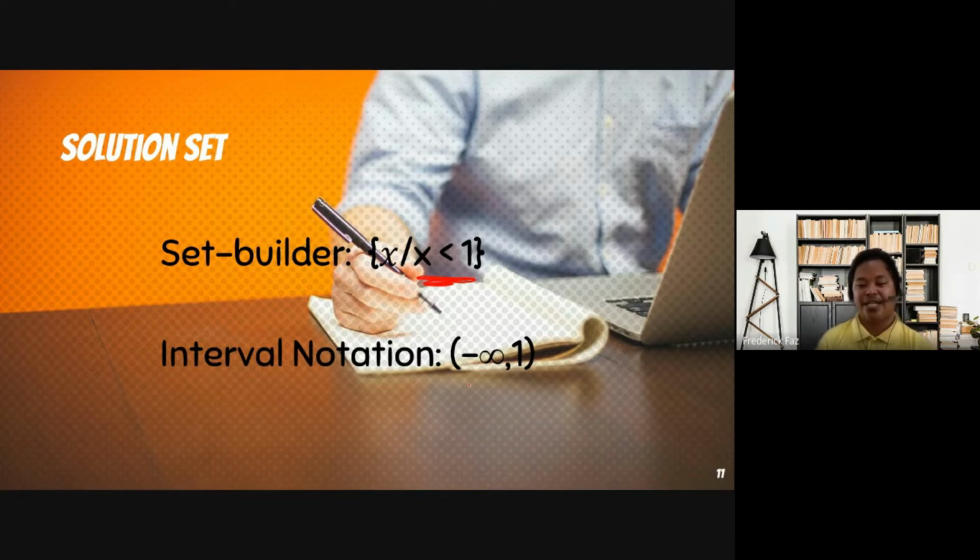For the interval notation, since 1 is not part of the solution set, we're going to write it as parentheses po. Then, since the values are less than 1, so wala pong definite value yung ating left hand. So, kaya ang nilagay po natin is negative infinity po. So, wala po siyang boundary. And then, open parenthesis po siya.